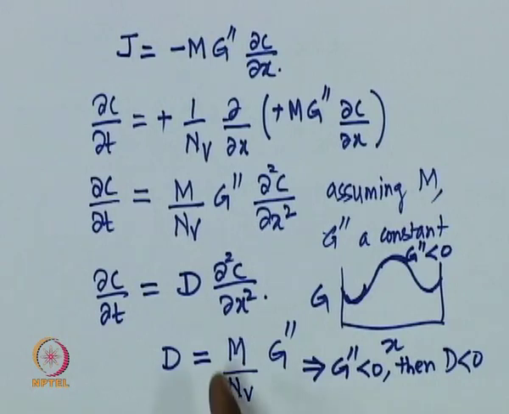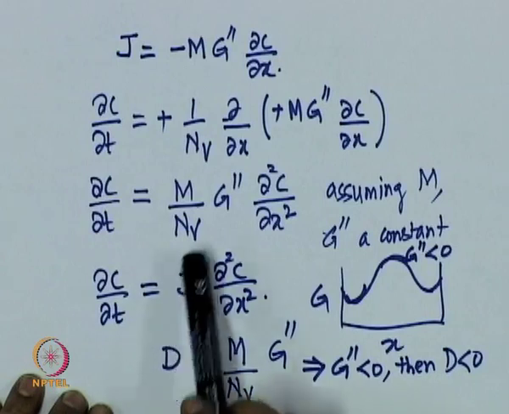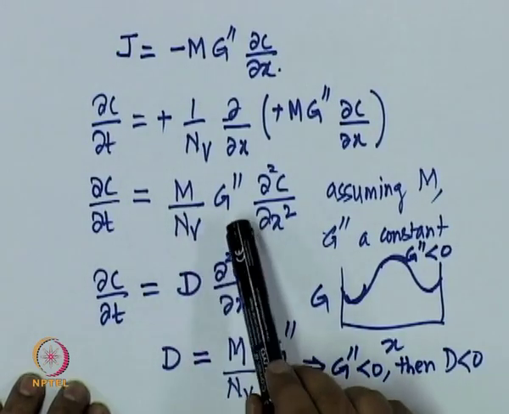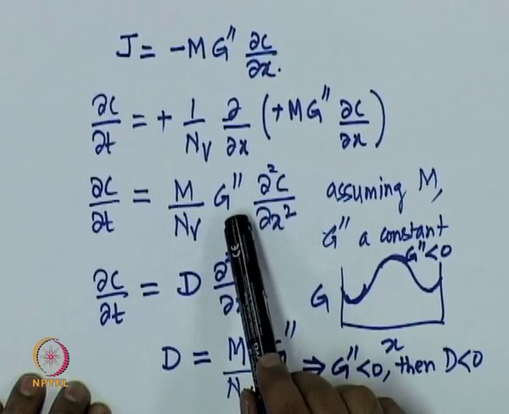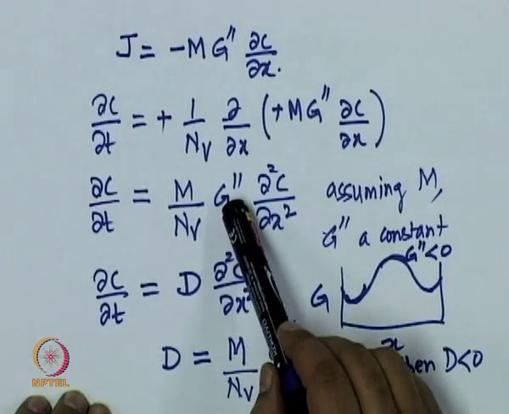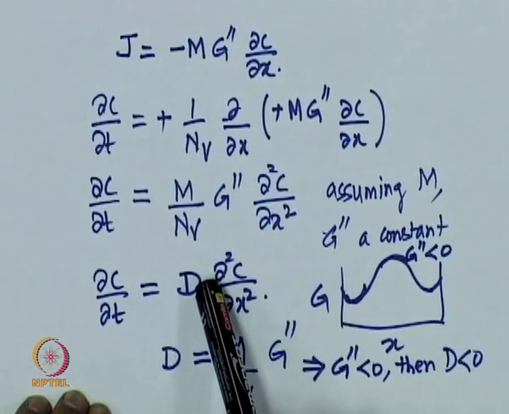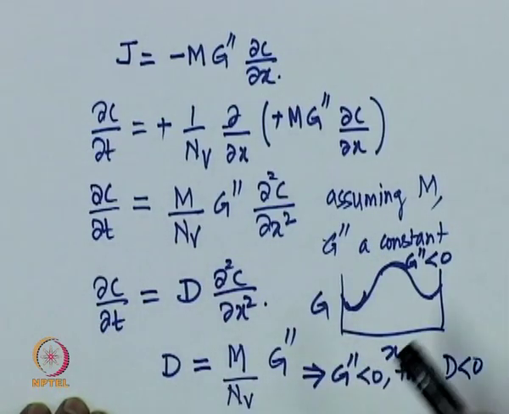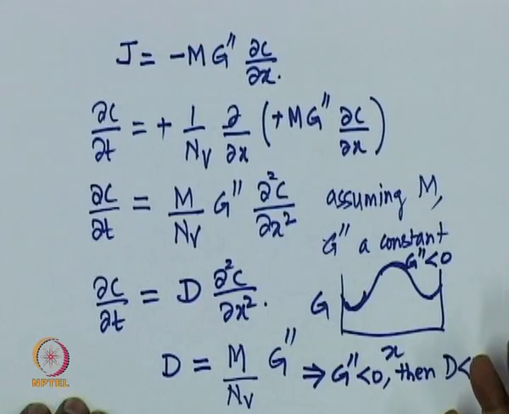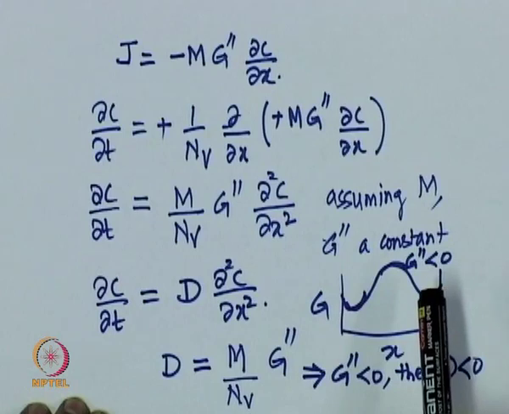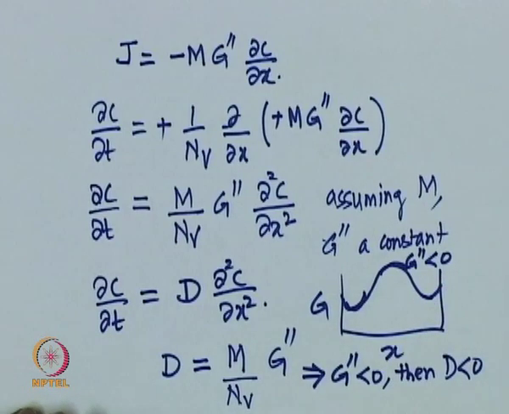Now, this derivation that we have done, identifying the diffusivity in terms of the mobility, shows that diffusivity and mobility are connected through the second derivative of the free energy with respect to composition. So, obviously, the sign of g'' is going to define the sign of diffusivity. From this derivation, you can understand why diffusivity will become negative under certain circumstances. It depends on what kind of free energy versus composition curve you have in your system, right.